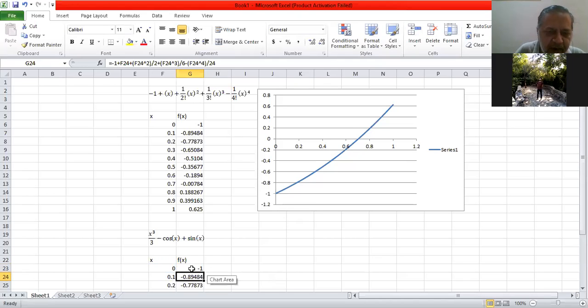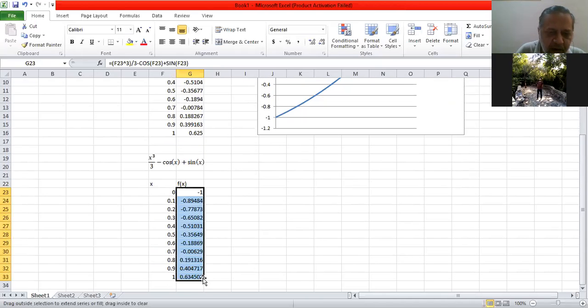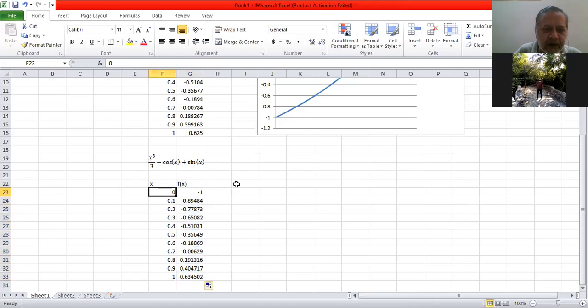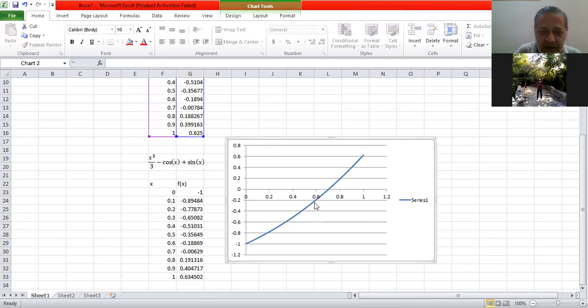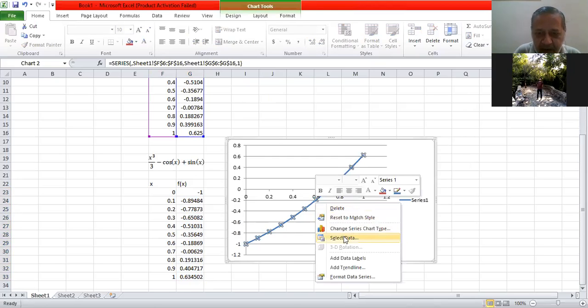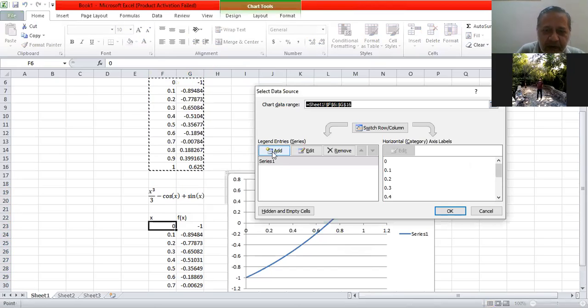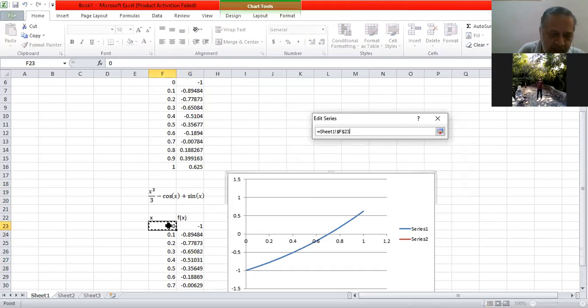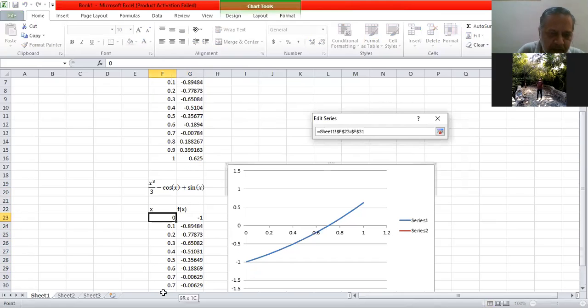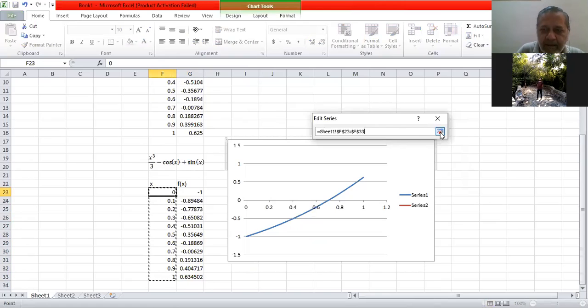So we have the same initial value, and then I copy this formula for all values calculated. And now I want to see whether this graph, which I will put on the same graph sheet. The method is that I select data and make another series of the graph, and for this series I take x values from here and y values from here.